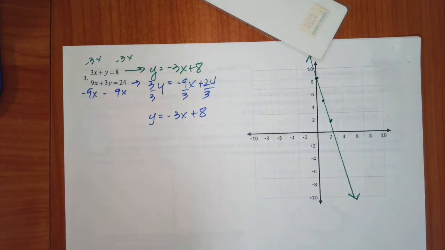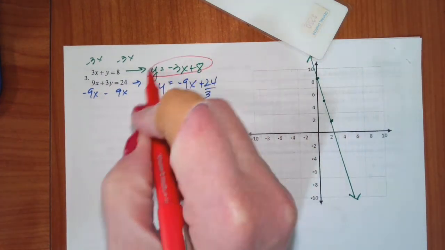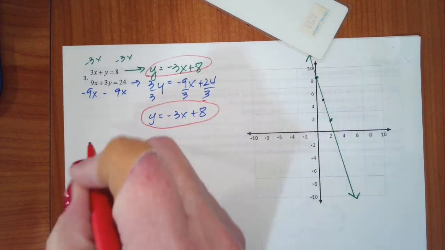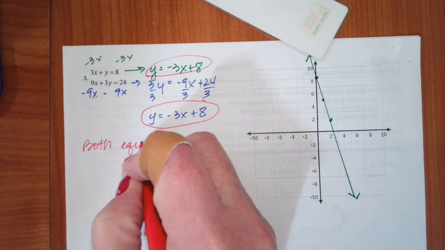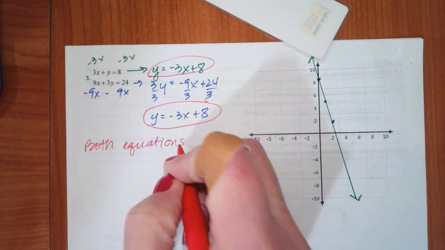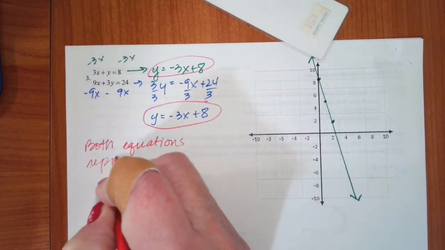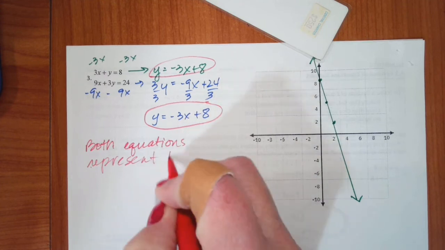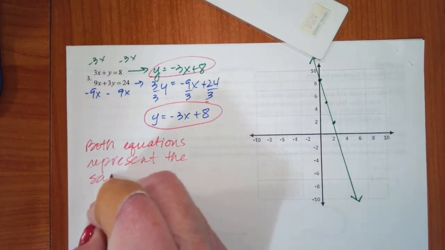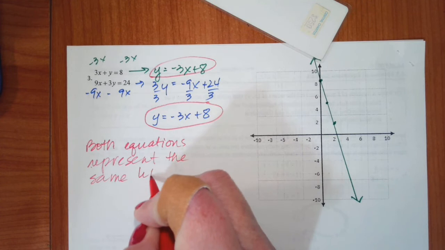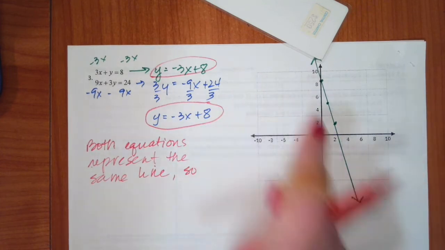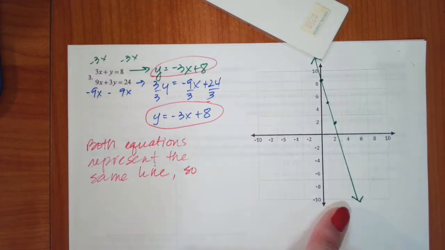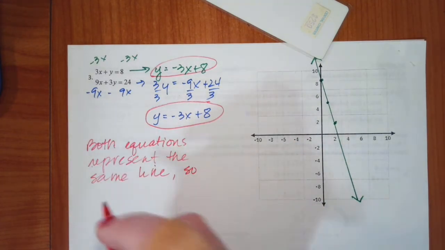So if you will notice here, both equations represent the same line. So everything on this line is a solution to both equations.